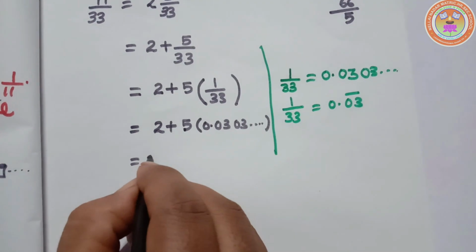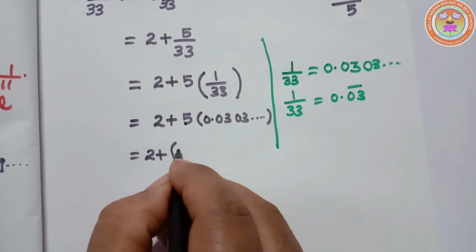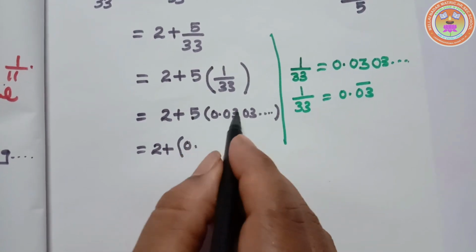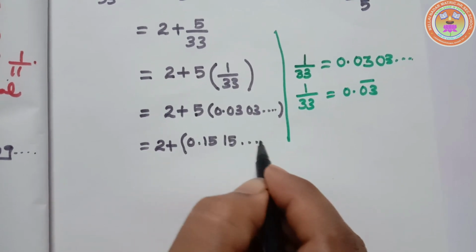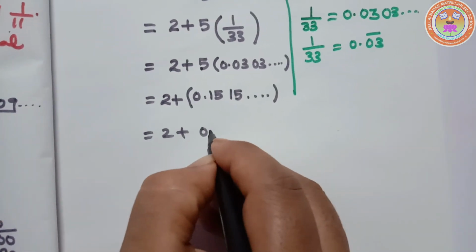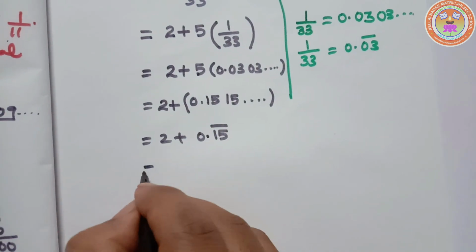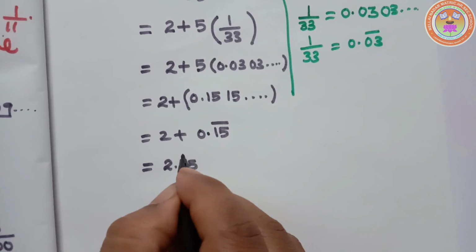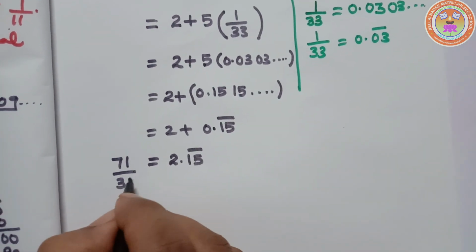That is 2 plus, multiplying: 5 zeros are 0, 5 zeros are 0, 5 threes are 15, 5 threes are 15. So 2 plus 0.15 bar, continuing repeating. That is equal to 2.15 bar. This is the expansion of 71 by 33.